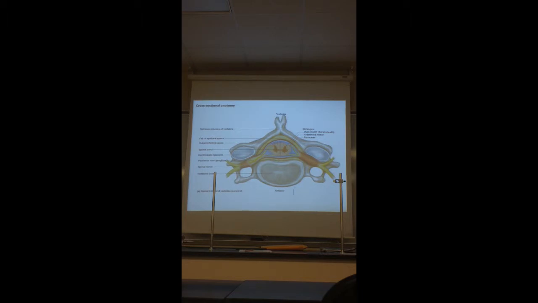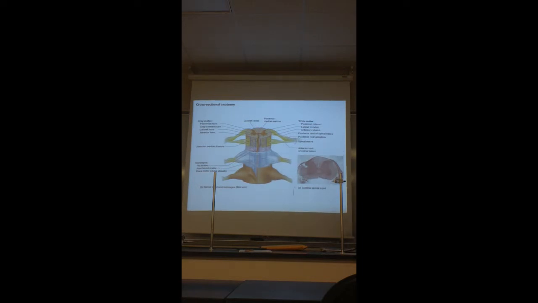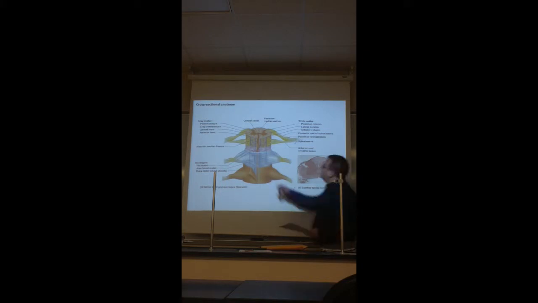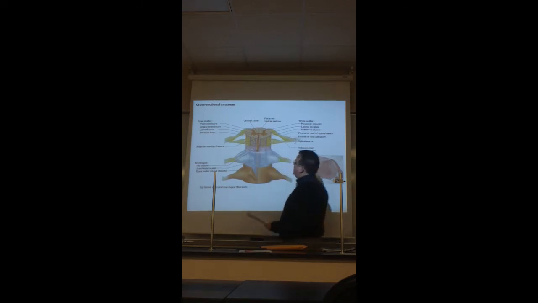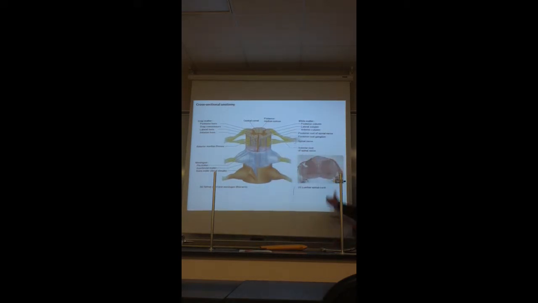So I could use this picture to ask you to describe those, even though it's not technically labeled here. You should be able to use different pictures. And I can show you some other ones here. Here's another picture, although I have to admit that the lettering here is a little bit off. But you can see that here is the posterior median sulcus, and here is the anterior median fissure. And again, it's kind of a separation.